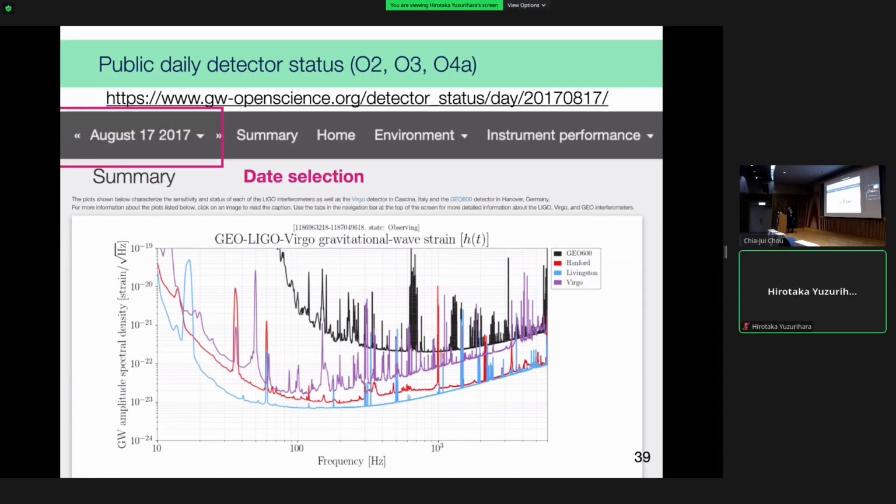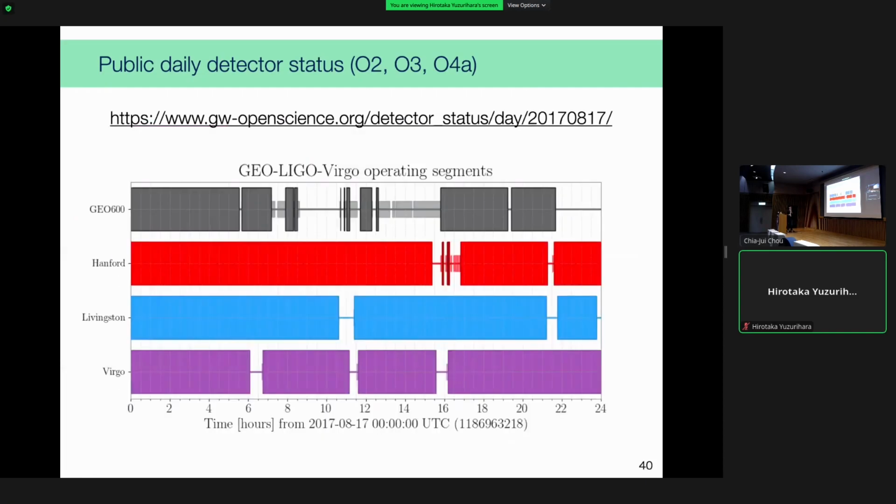This is the date of the first binary neutron star event, and at that time the detectors were working with this kind of sensitivity. The x-axis is the time and the y-axis is the detector. This is the duration. The period is one day, so one day, one page.